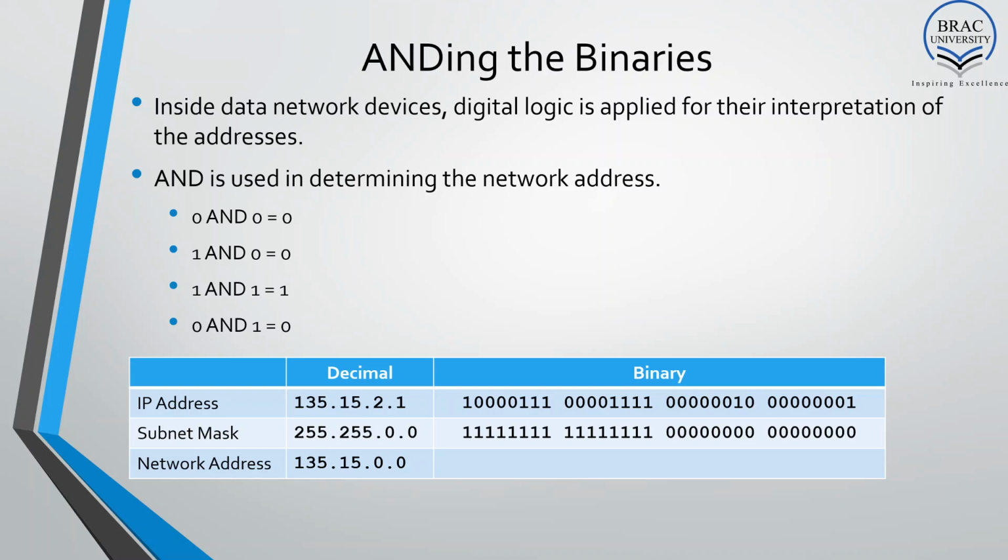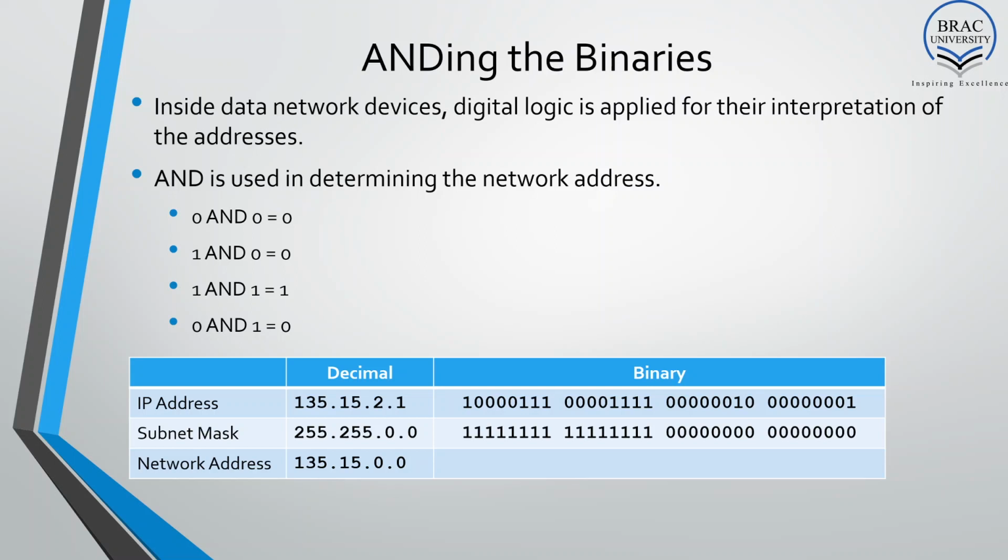So the routers don't want to know exactly which process or which host you're going to. They just ask where you want to go, which network, so the routers need to identify the network addresses.